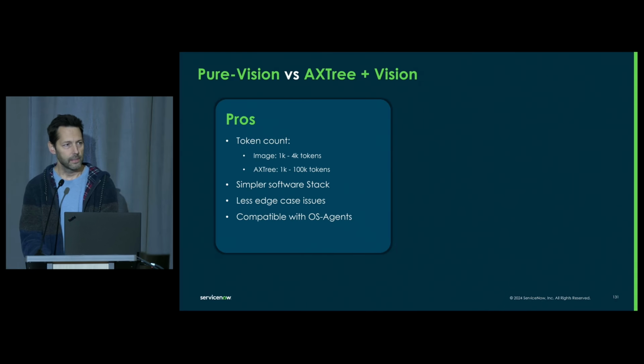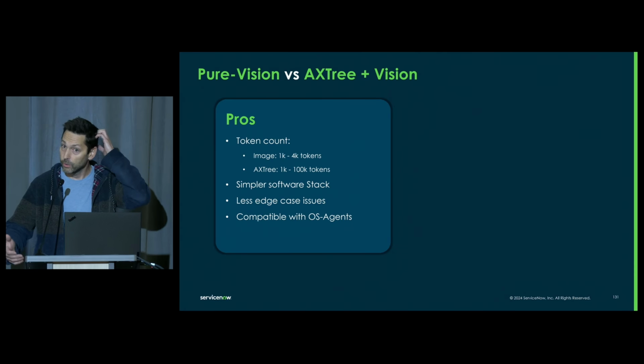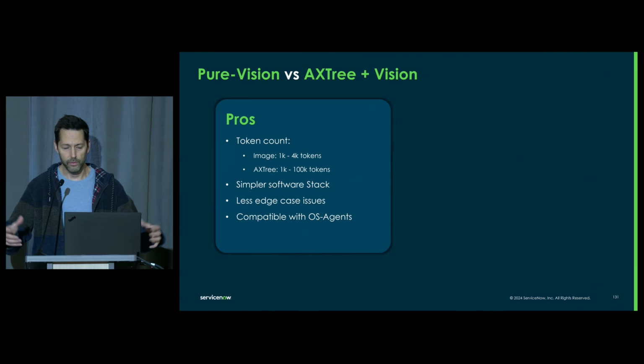So that's giving you simplification. And also, if you start working with Playwright and do all the accessibility extraction, there's a large number of edge cases that are a little bit annoying to play with. And the other advantage is if you go there, then you're directly compatible with OS World, computer use agents, so you're kind of unifying the two worlds.